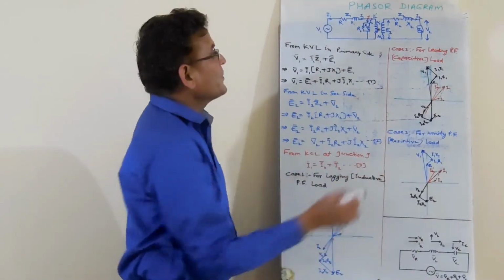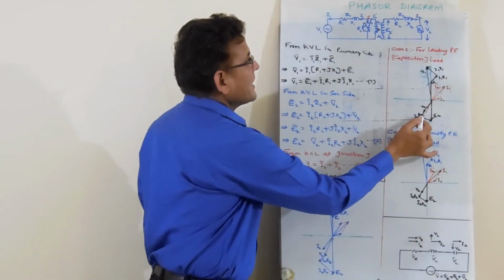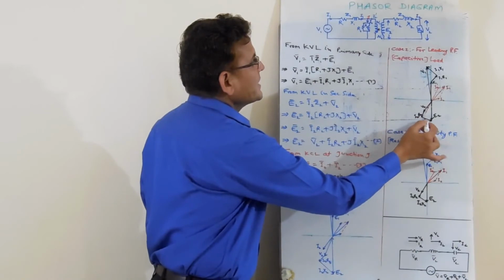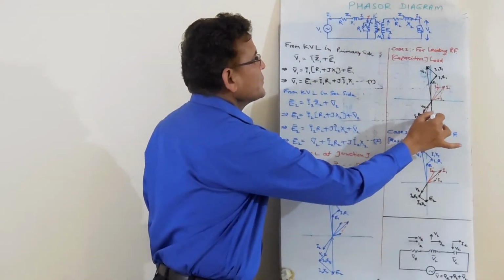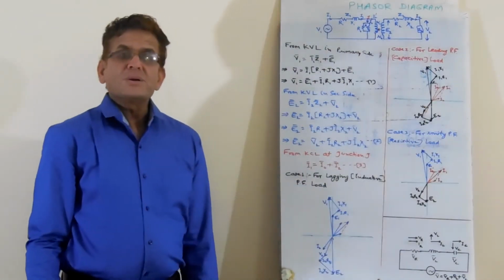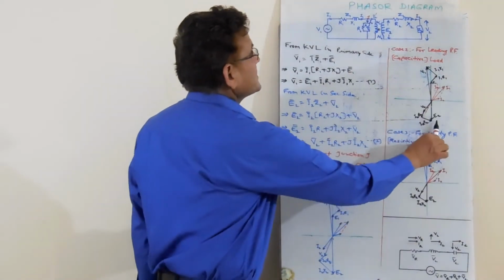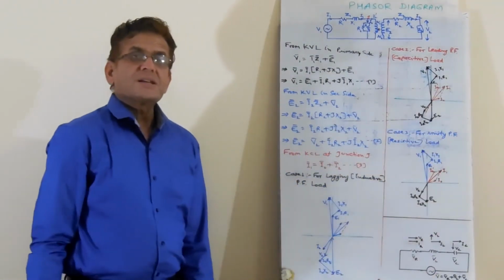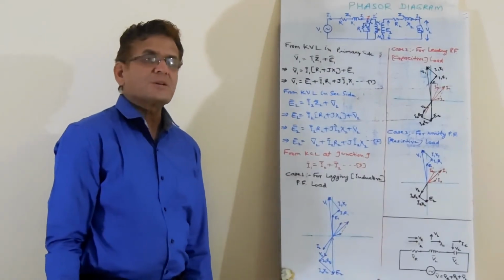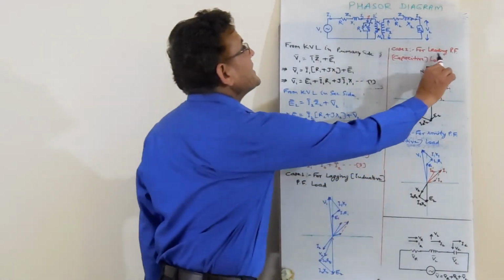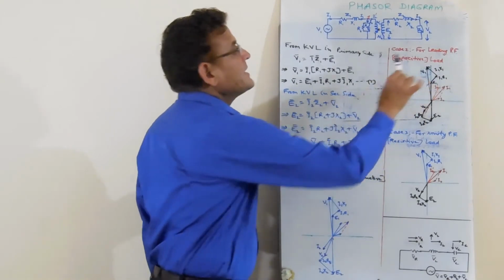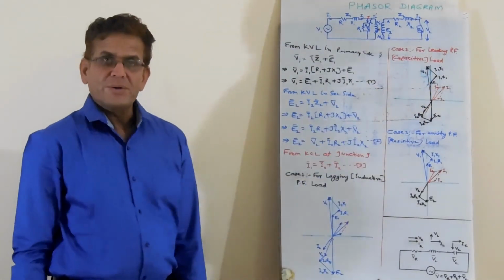So vector sum of V2 plus I2 R2 plus I2 X2 is E2, mutually induced EMF in secondary, E2. So this is phasor diagram of single phase transformer at leading power factor or at capacitive load.